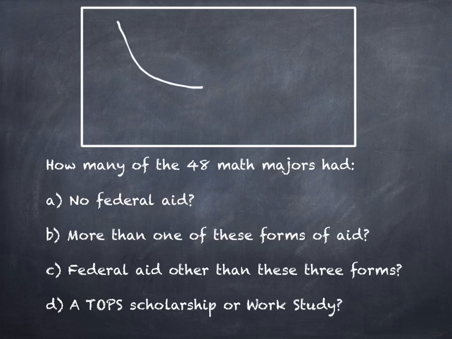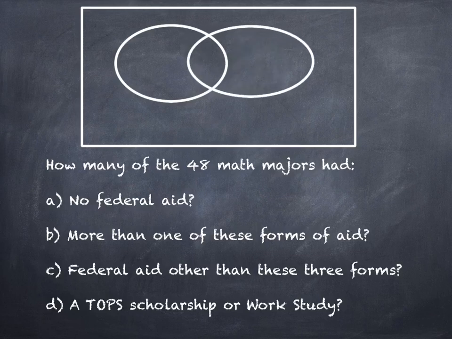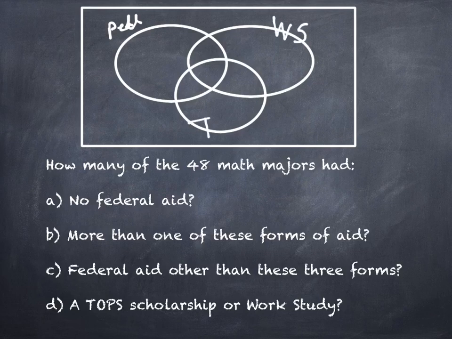Pell Grants, work study, and TOPS. And I'm going to do them in the order you told me. So this is Pell. This over here is work study. And down here is TOPS. Okay, everybody good with that?